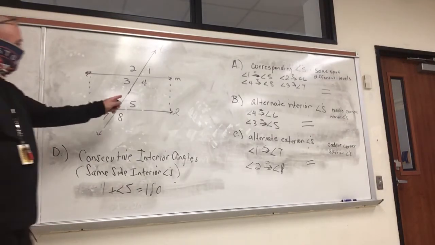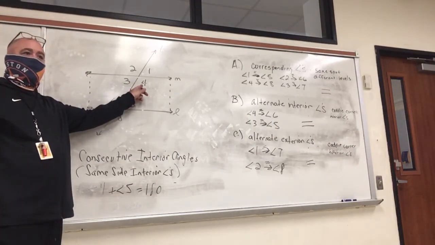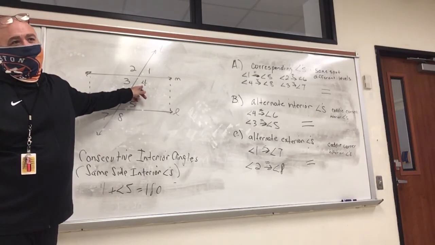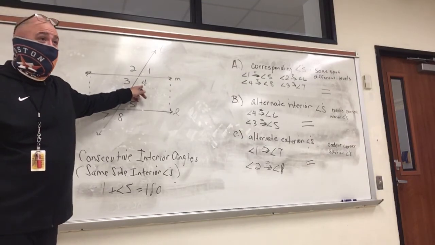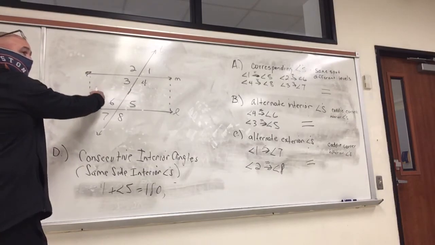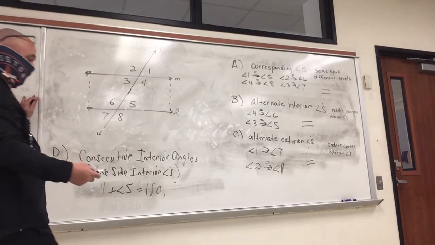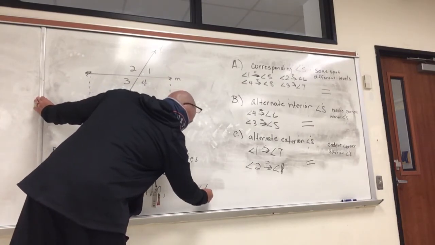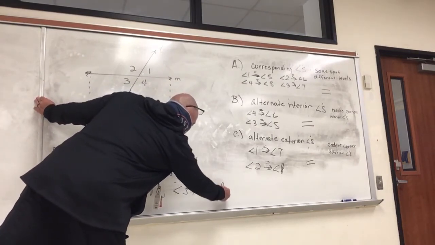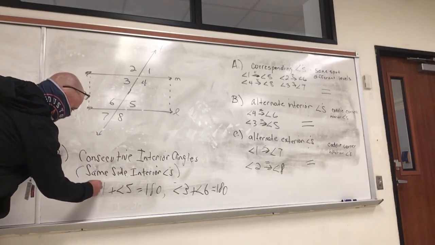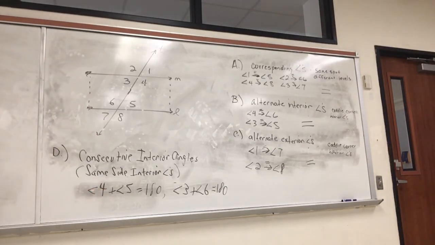So if this one is 60, what's this one? 180 minus 60 is what? 120. And then if I add 3 to 6, I get 180 degrees. So angle 3 plus angle 6 is equal to 180 degrees.